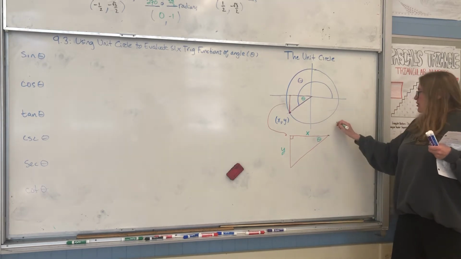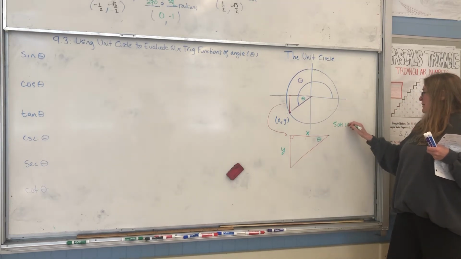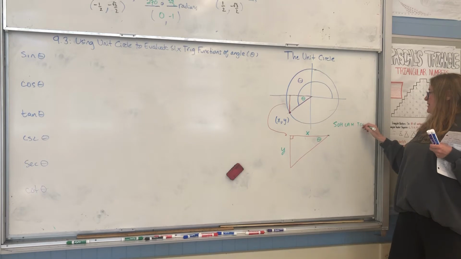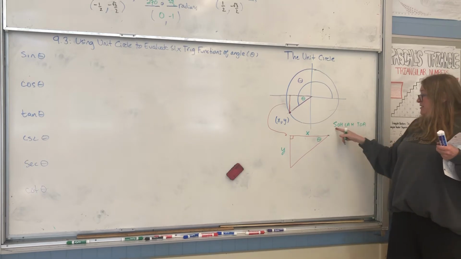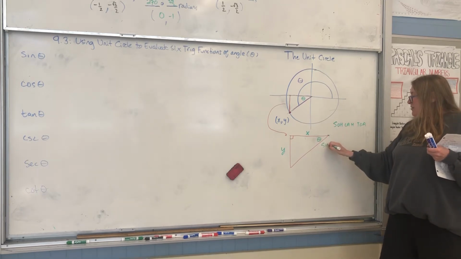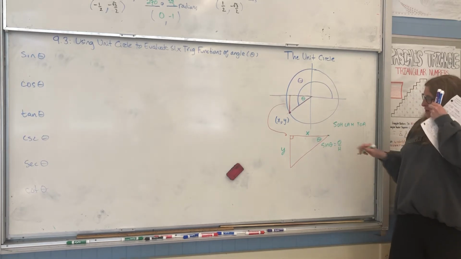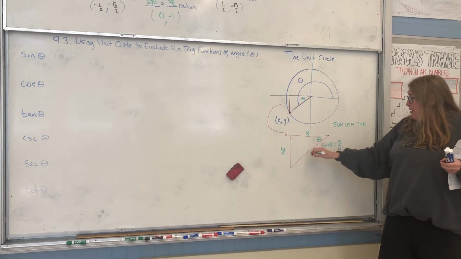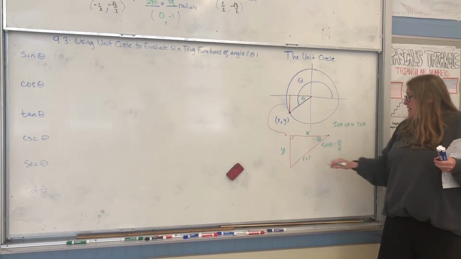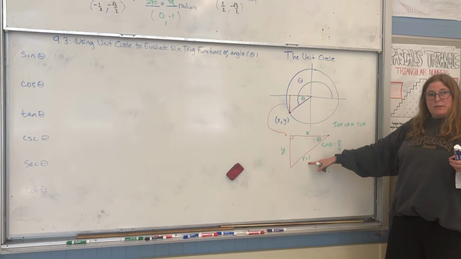So let's go back to SOHCAHTOA. If I go back to SOHCAHTOA, I know that sine of any angle, this one's theta, is equal to the opposite over the hypotenuse. Okay, so let's think about this. Theta is here. The opposite side, we know our radius of our unit circle is 1, right? We learned that last time.